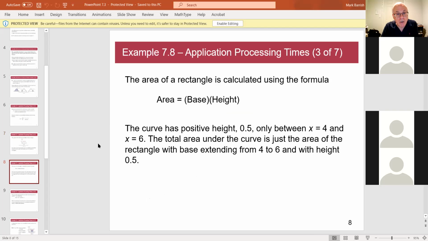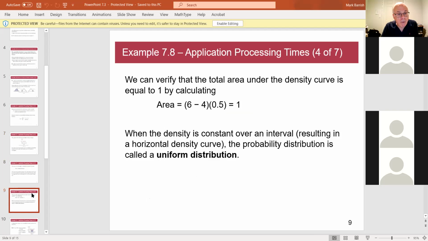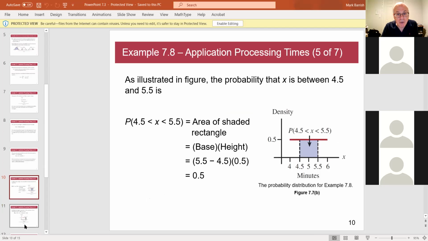For example, let me see if we can see an example of this. Yeah. What's the probability that x is between 4.5 and 5.5? Well, we create this smaller rectangle inside the big rectangle. And what is the area under that piece of the curve?